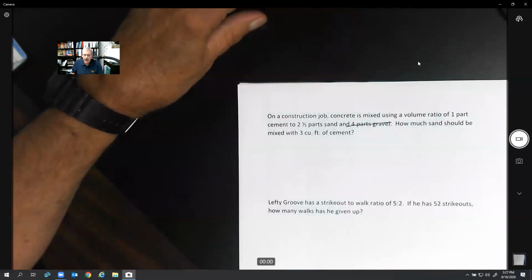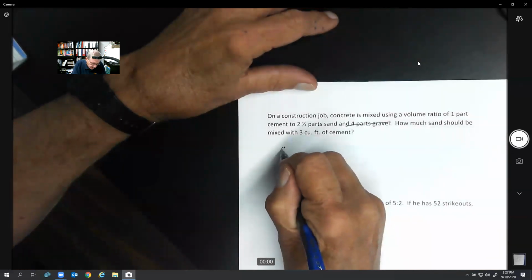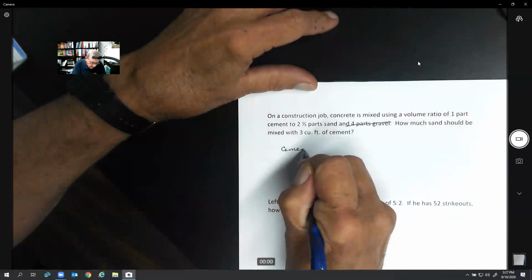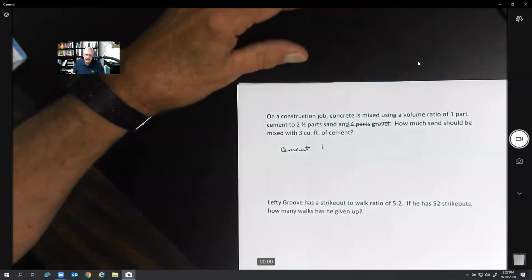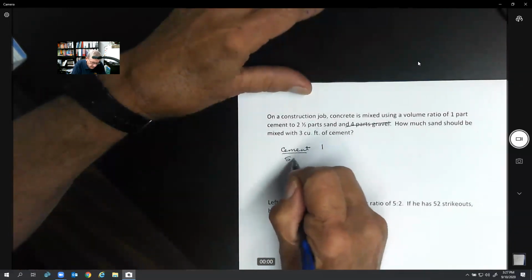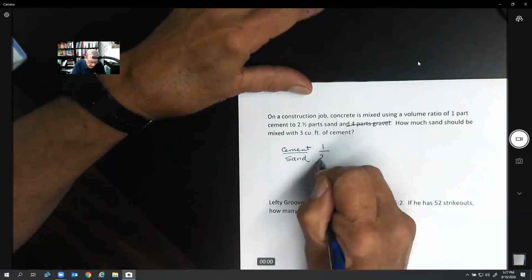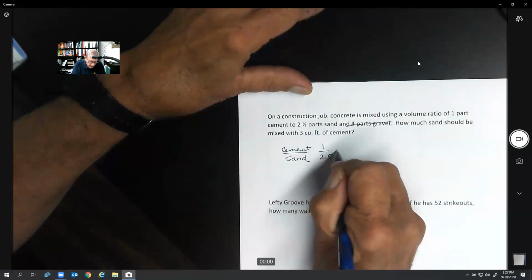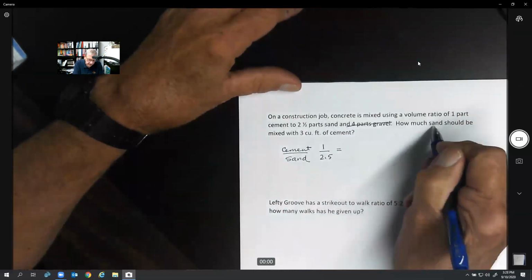Okay, so the way I would write this, I'm going to put cement on the top, and I like to write that out. There's 1 part. And then I'm going to put sand on the bottom, cement over sand. And this is going to be 2.5 equals. Now, what I want to know is how much sand.